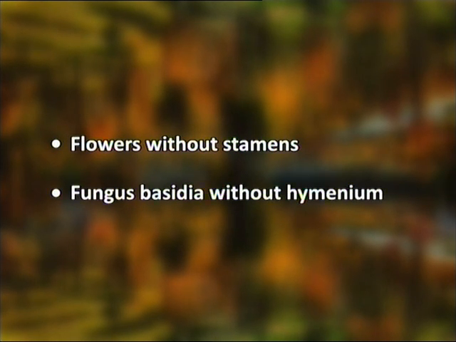Article 9.7 of ICBN mentions a potential problem in typification when a type specimen, for a variety of reasons, no longer bears structures essential to the correct identification of the organism, while still bearing other non-essential structures. For example, flowers without stamens, fungi basidia without hymenium, etc.